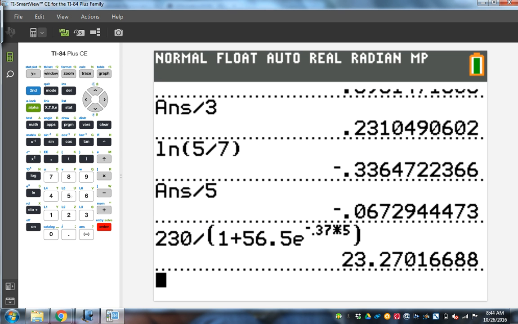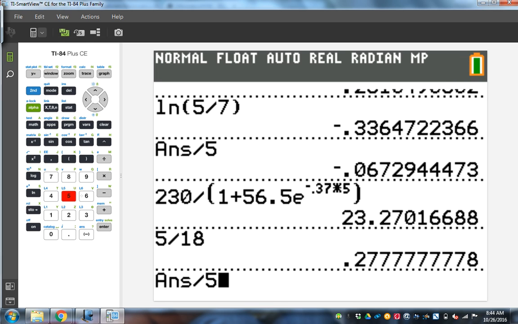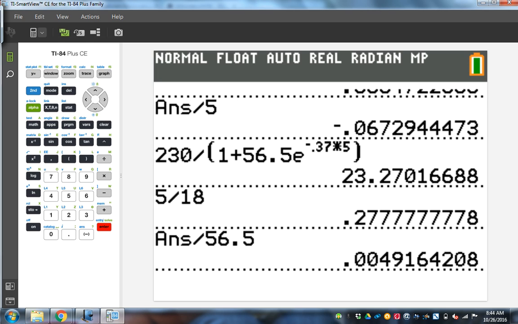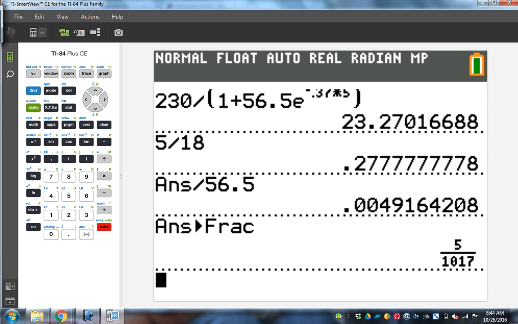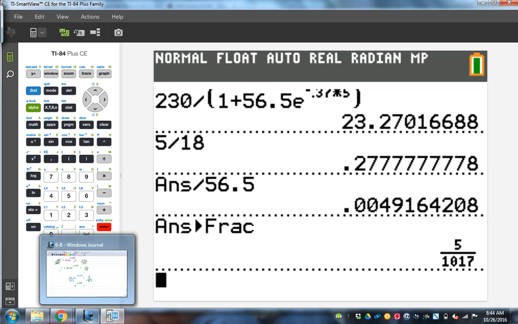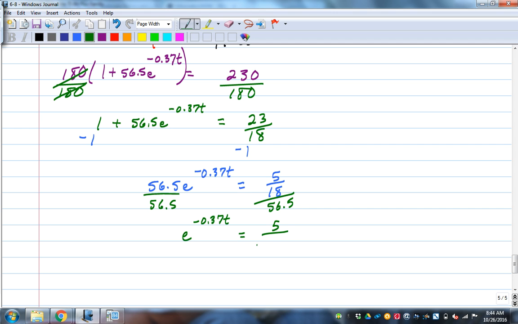So 5/18 divided by 56.5. Math here. So I get this fraction, 5/1017. And I'm using a fraction there instead of the decimal because I don't want to lose anything. I don't want to round until the very end.